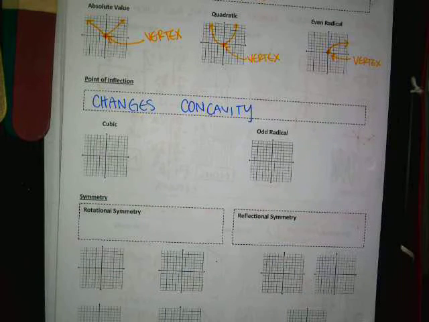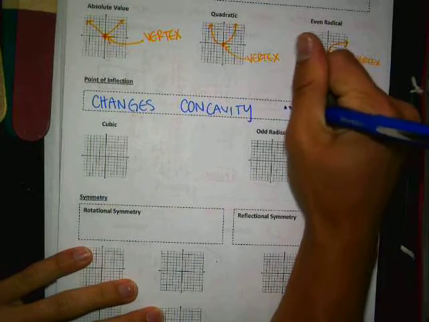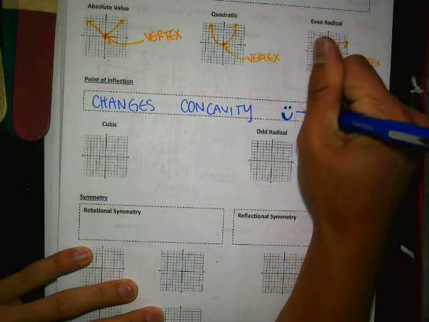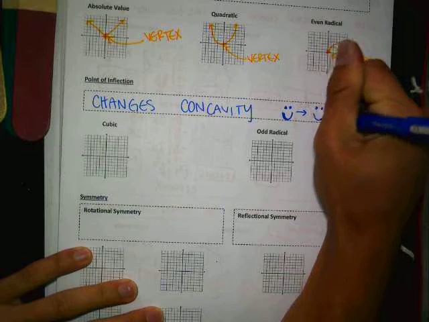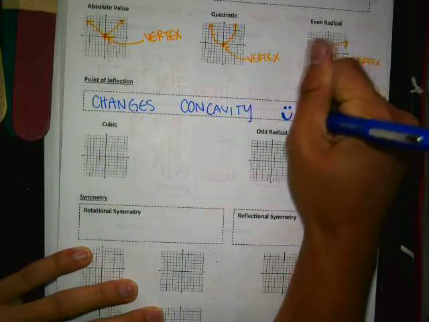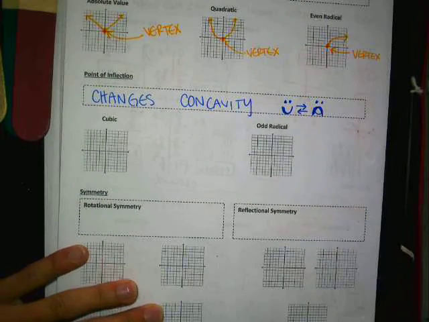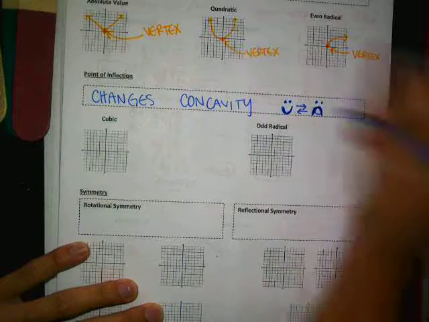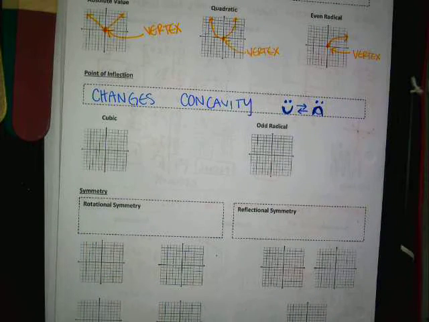Changes concavity. When I mean changes concavity, I mean that your function is going from either a happy face to a sad face, or vice versa. So you're either going to go from happy to sad or sad to happy. That's what I mean when I'm saying it changes concavity.